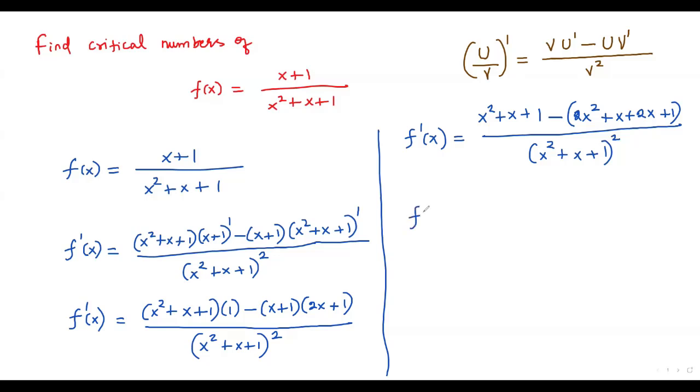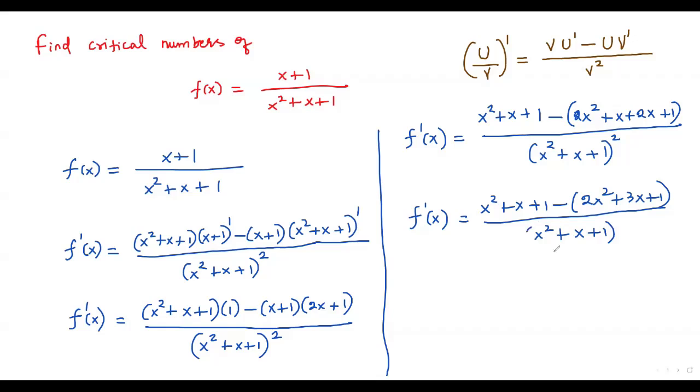So f prime of x equals, now let's simplify the numerator. That is x squared + x + 1 minus (2x squared + 3x + 1), over (x squared + x + 1) the whole squared, when I combine x and 2x to get 3x. Now let's do some more simplification. We can distribute this negative sign to the 2x squared, then I'm getting negative 2x squared.